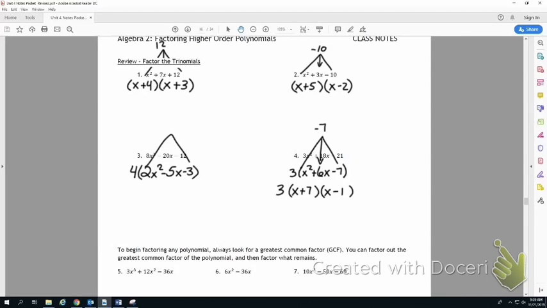So now 2 times negative 3 is negative 6. What factors of negative 6 add up to negative 5? Negative 6 and positive 1. Am I done with this problem? Am I done factoring this?